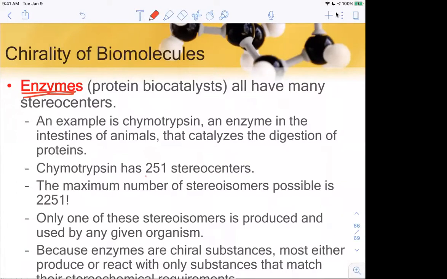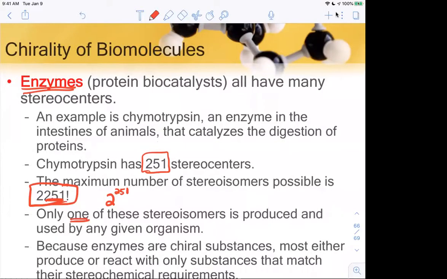So chymotrypsin has 251 stereocenters. So I have 2 to the 251 possible stereoisomers. Only one is produced and used by a given organism.